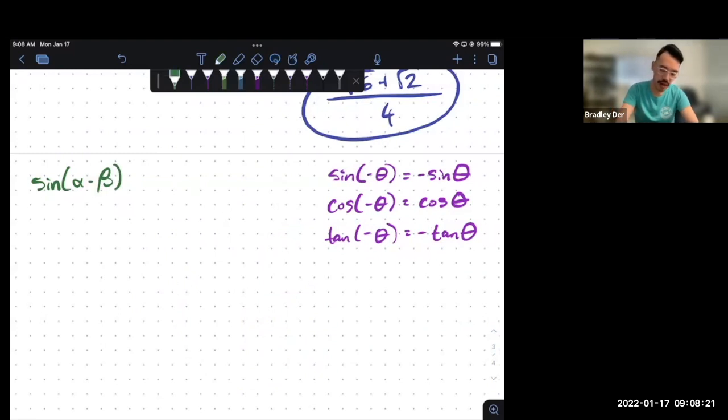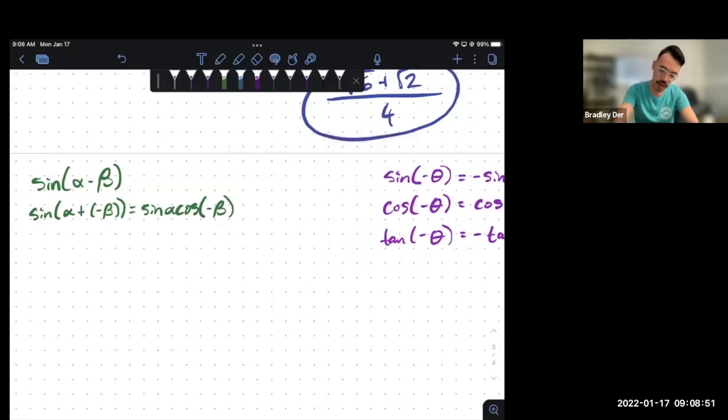And if we were going to use that in our sum and difference business, I think it can become helpful for us to write sine of alpha plus the negative beta. Alpha minus beta has to equal alpha plus the negative of beta, right? So then we can set up our formula: sine alpha cosine, this time we're using the negative of beta. Move these over to the right.